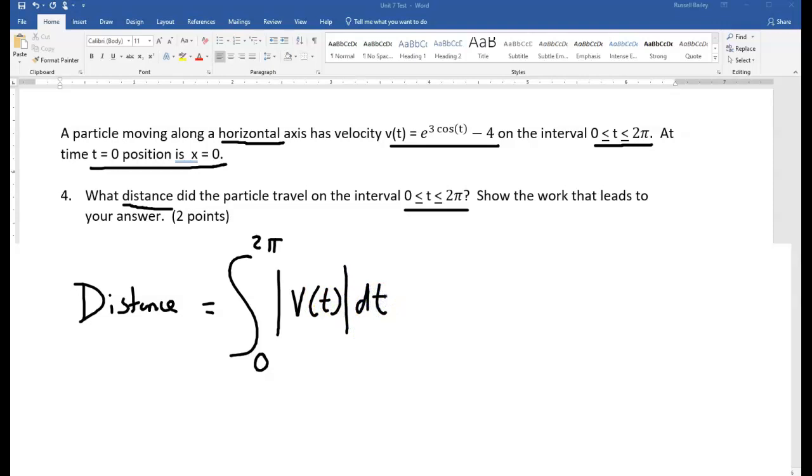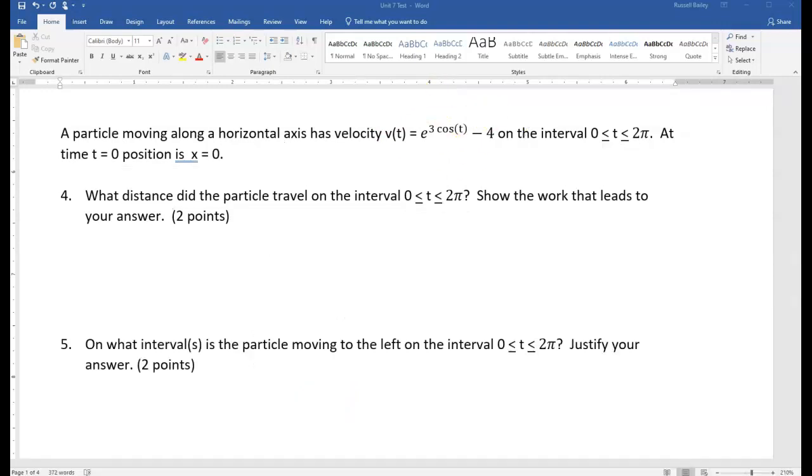Now, some of you guys might have forgotten to do the absolute value. But for the most part, if you don't have the absolute value on there, you're actually finding something different, which is called displacement. But this is distance, okay? And so for that, just the setup would have been 1 point. Now we need to type this into our calculator and actually get our answer here. So let's do that.